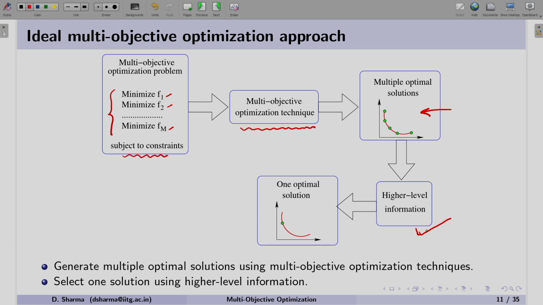For example, we can decide the weights, and then accordingly, at the last, we can choose the one solution which is the best for us according to our higher level information.